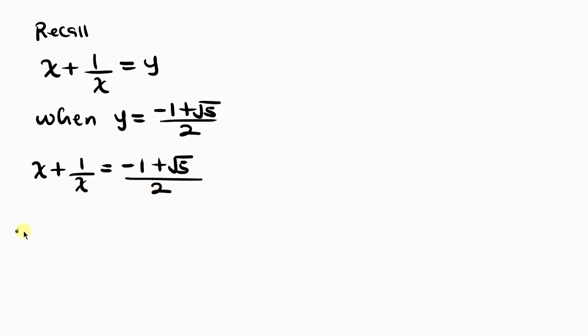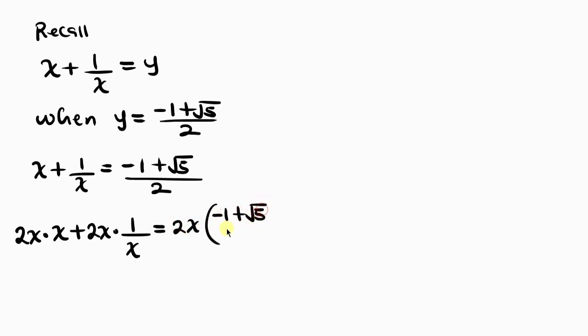We have 2x multiplied by x plus 2x multiplied by 1, all over x, equal to 2x multiplied by negative 1 plus the square root of 5, all over 2.